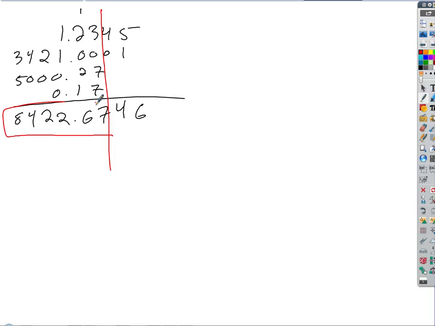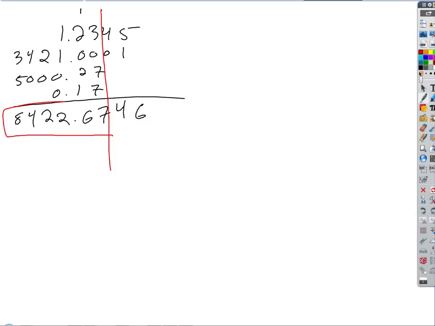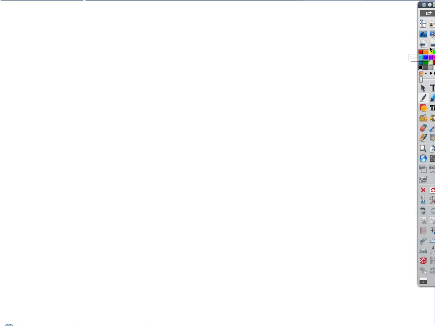Now multiplication is different. Scott already told us how to do that. With multiplication, we're going to perform the calculation and then we're just going to round the result to the smallest number of acceptable sig figs of all the factors that were part of that calculation, right? I think you probably understand this just fine, but let's look at one quick one.